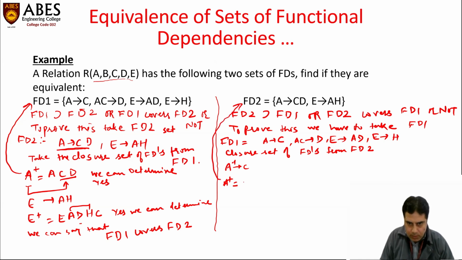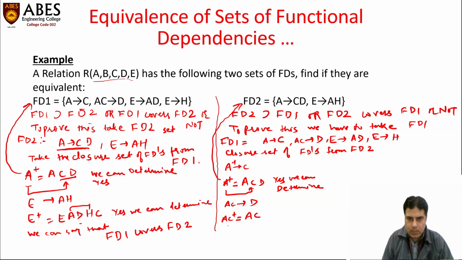From A to A we can determine, from A we can determine CD, and yes, we can determine A to C. Now take the next FD, AC to D. Take the closure set of AC from FD2.